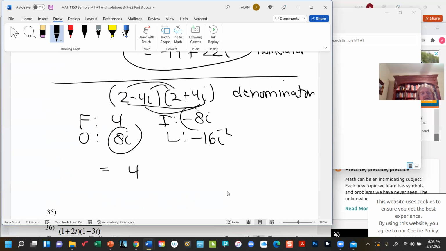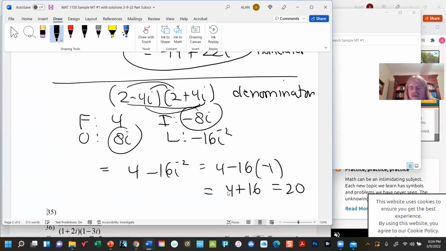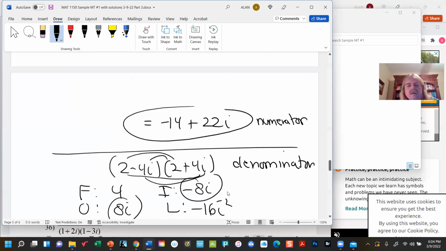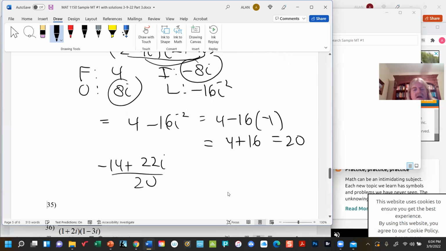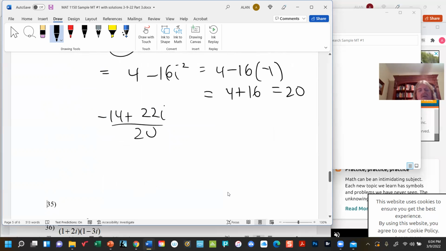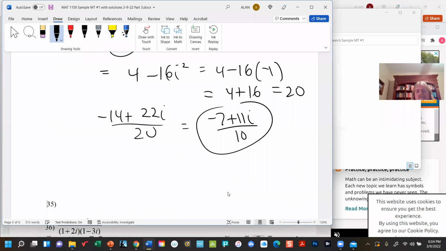These cancel out. All right, so when we're done, we have -14 plus 22i over 20. Now this time, it's pretty obvious that we can divide out by 2 in all of these cases. So we'll just end up with -7 plus 11i over 10.